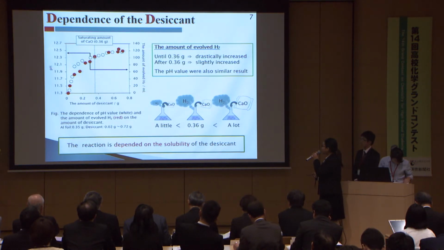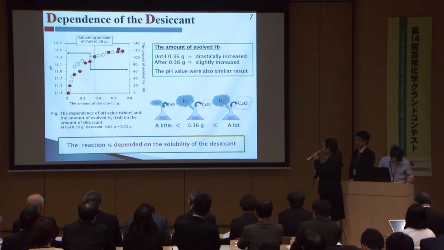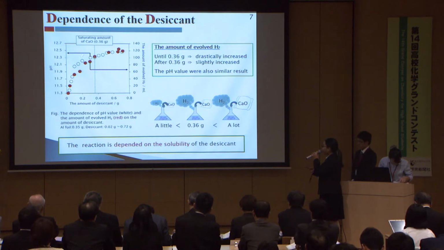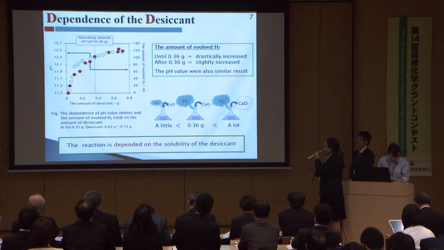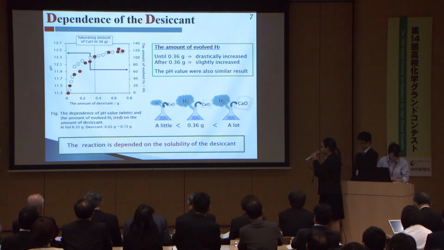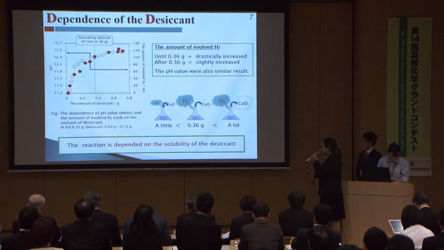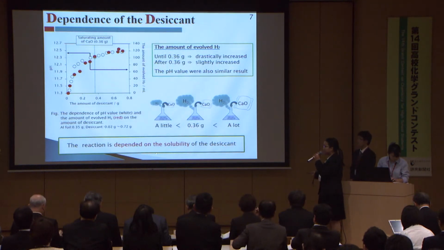However, after that, with descant usage over 0.36 grams, evolved hydrogen slightly increased, not proportionally. On the other hand, the dependence of the pH value gave a similar result. So this result gives us evidence that the reaction is dependent on the solubility of the descant.